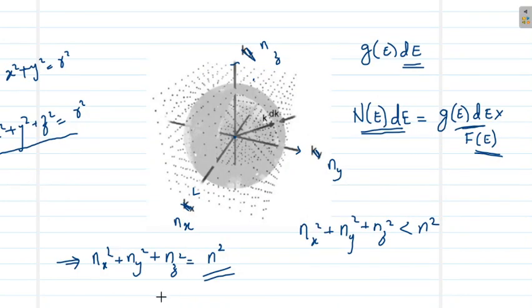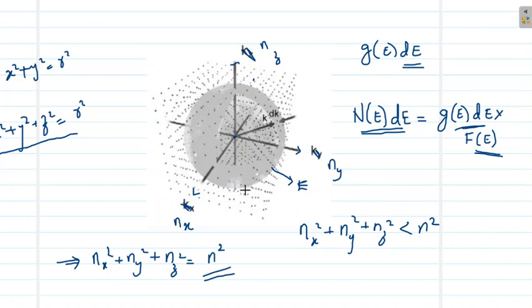For example, if Nx square plus Ny square plus Nz square equal to N square, and this sphere corresponds to that equation, then the surface of this sphere actually represents degenerate states E. All the points at the surface of this sphere will have a constant energy E. And all those points within this sphere will have energy less than E. Is it clear for you?